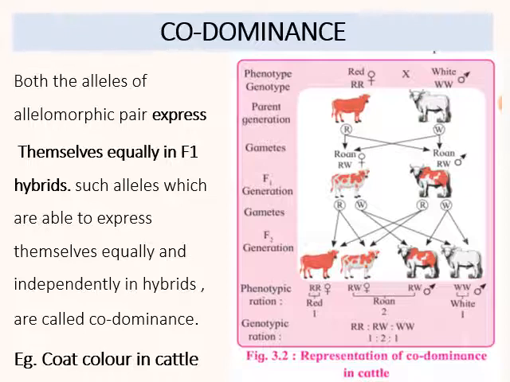Example of incomplete dominance is Mirabilis jalapa or 4 o'clock plant, while example of codominance is coat color in cattle. The ratio obtained is similar in incomplete as well as in codominance. Phenotypic and genotypic ratio are the same, that is 1:2:1.